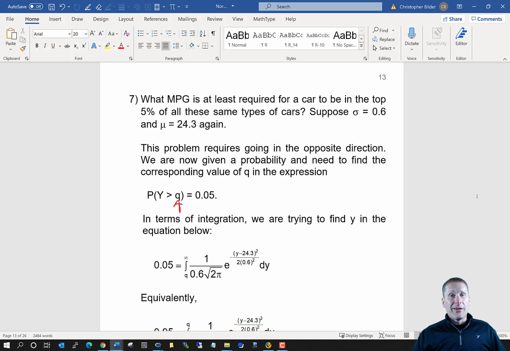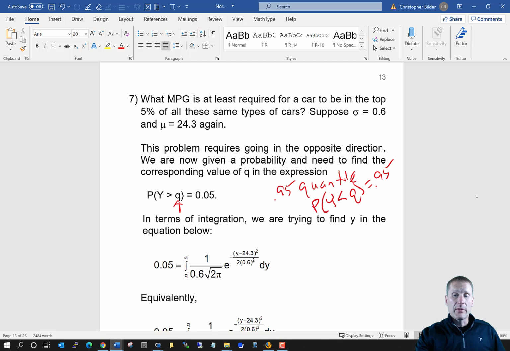And also, in other words, what I'm actually looking for is the 0.95 quantile. In other words, the probability that y is less than Q is equal to 0.95 by using the complement. In other words, I want to use the CDF evaluated at Q is equal to 0.95. In other words, solve for Q.